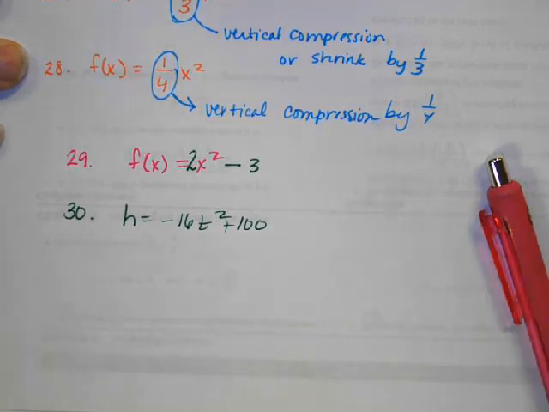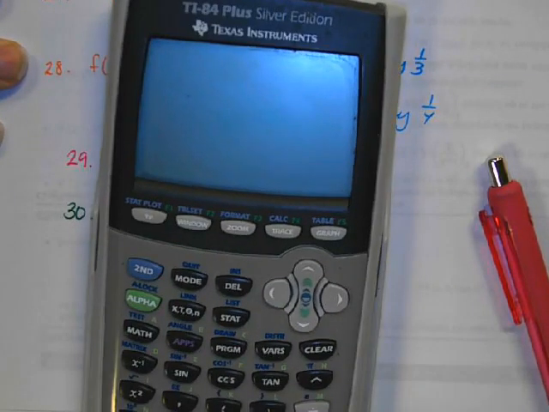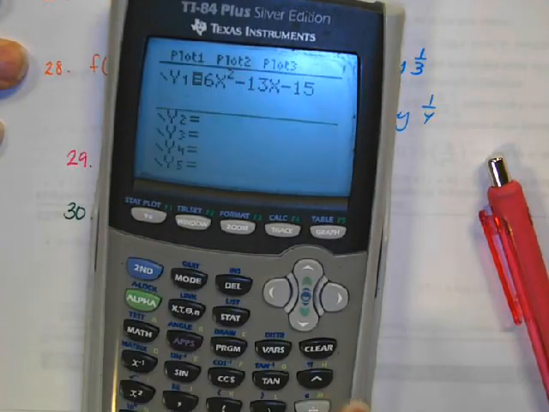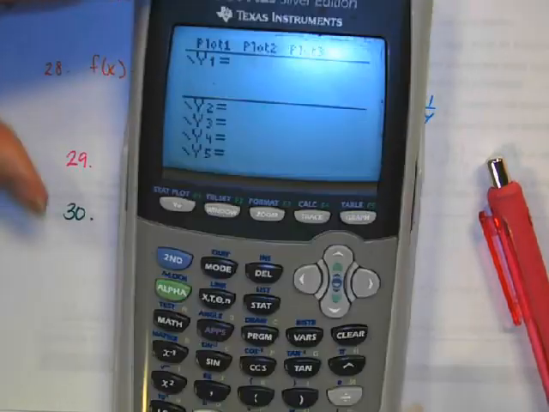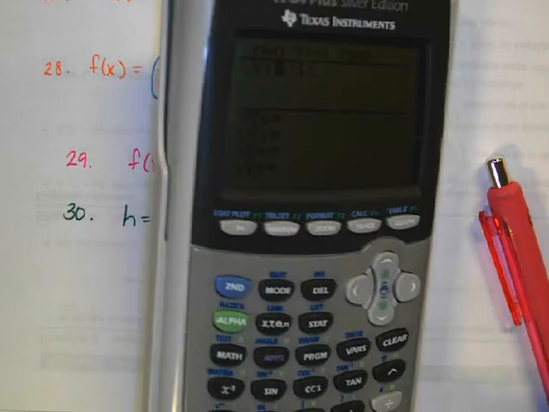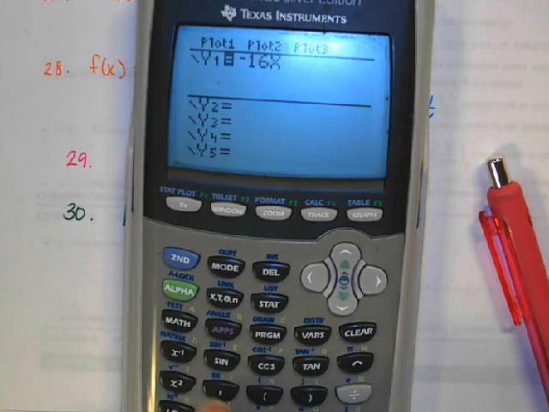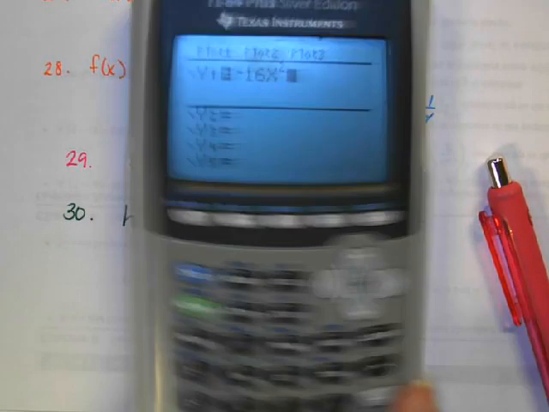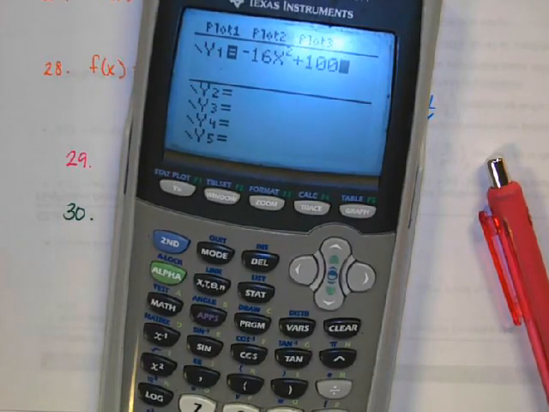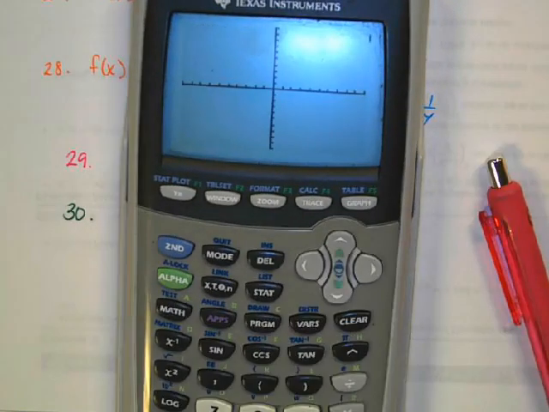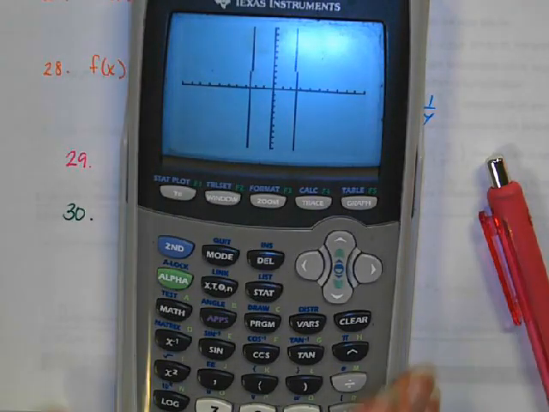All right, so let's look at it. I can actually put them both in my calculator if I want to look at it at the same time. Negative 16x squared plus 100. And if I hit graph, they want me to compare that to the graph of just t squared, or the parent function, basically.